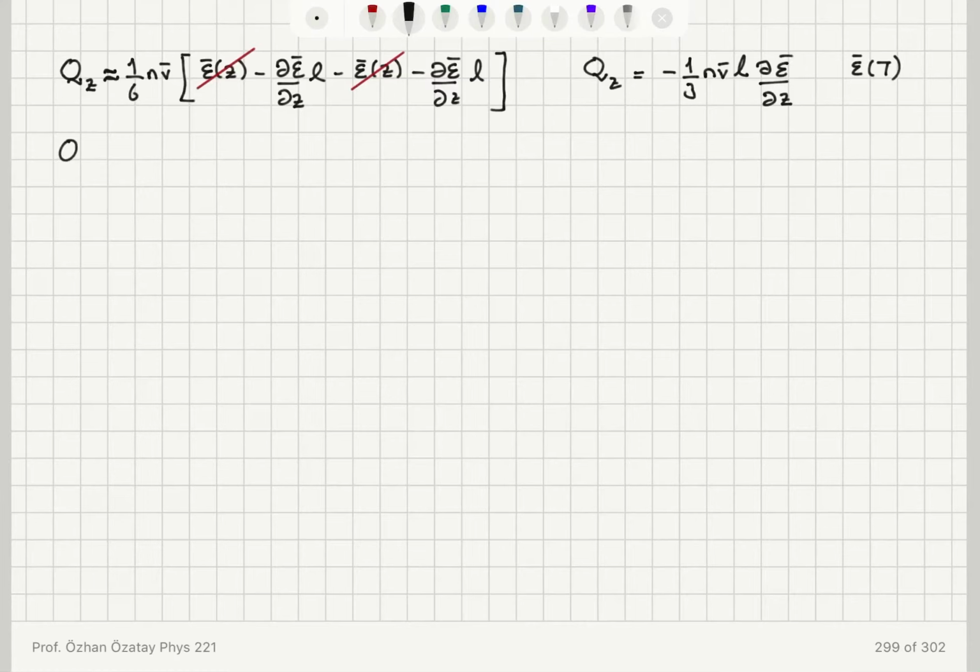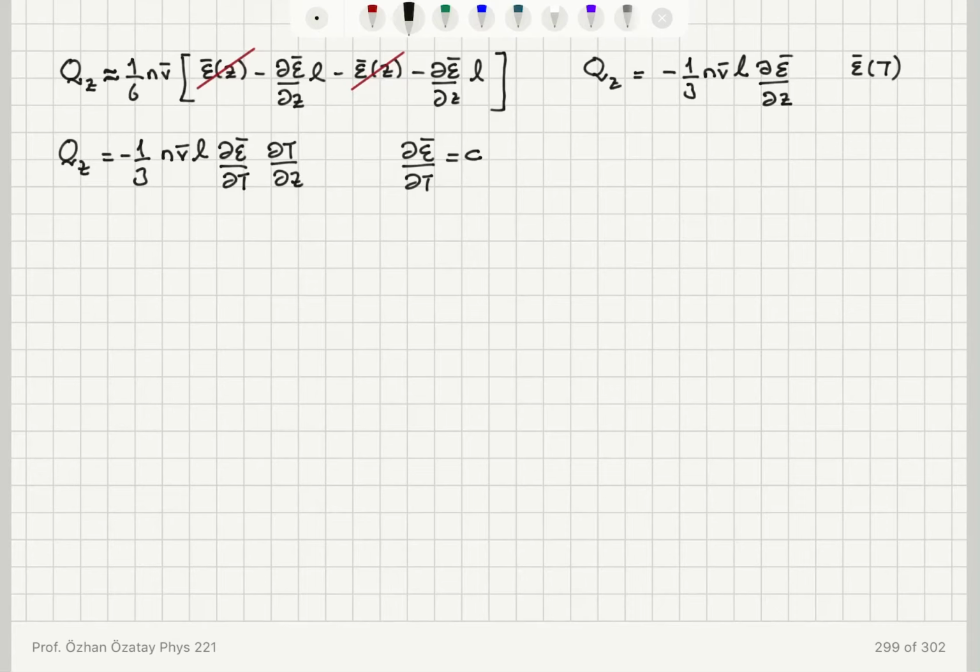So we can write this heat flux as minus 1 over 3 n v bar L del epsilon bar del T del T del z.